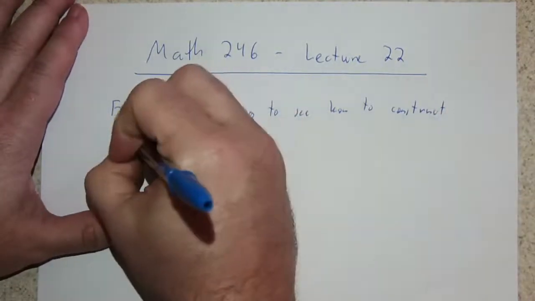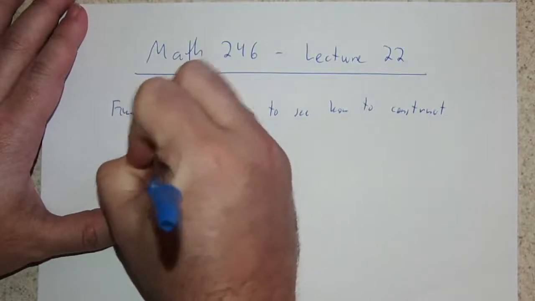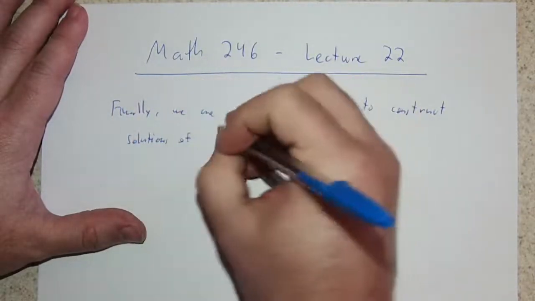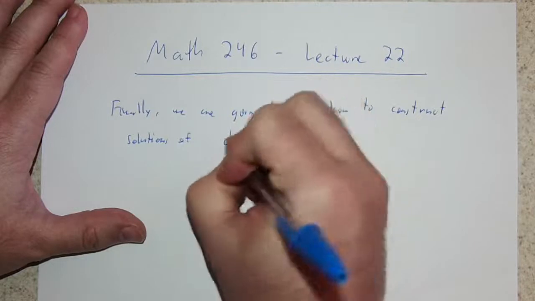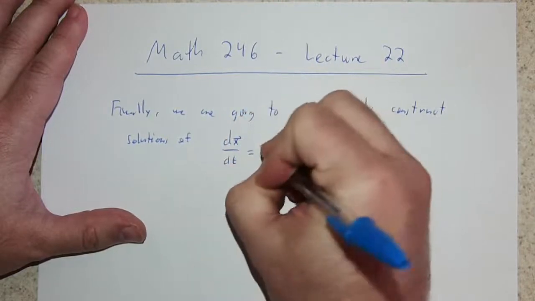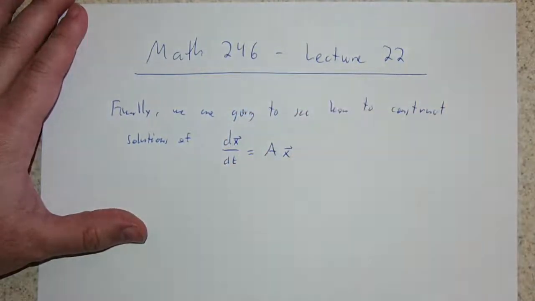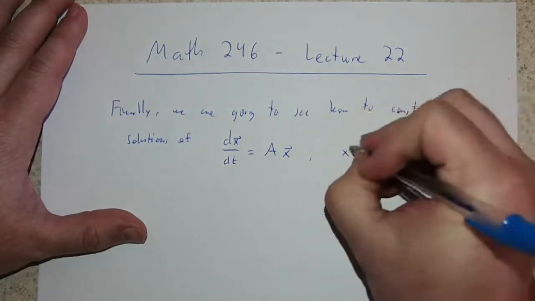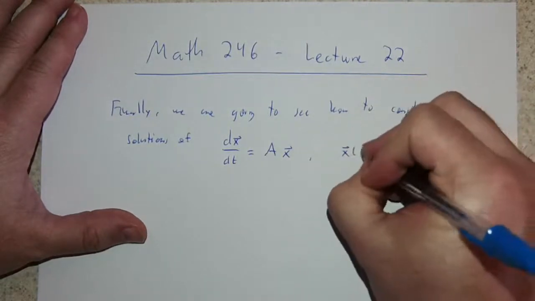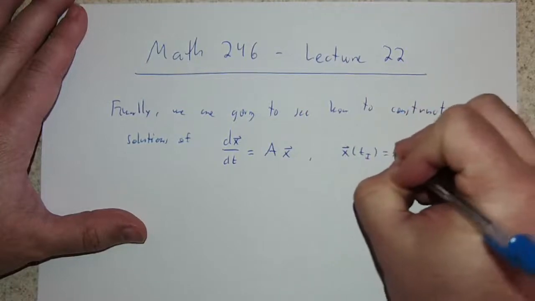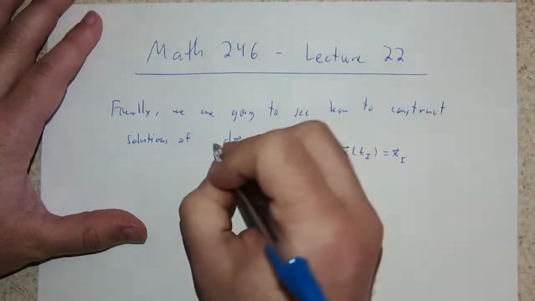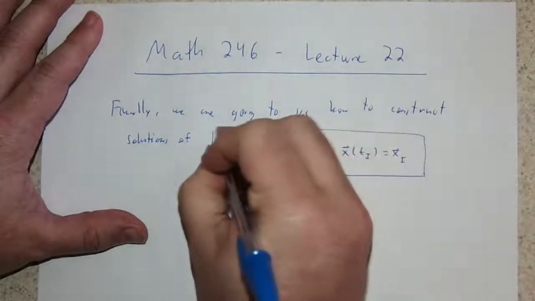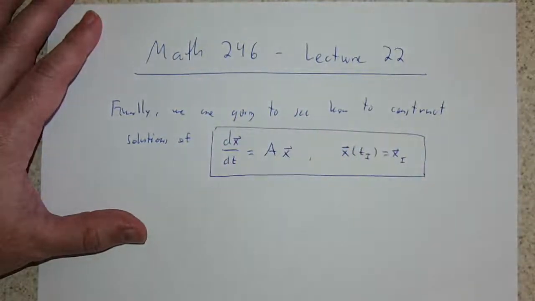How to construct solutions of the linear system dx/dt = Ax. And of course this includes some initial condition. And we're going to see this via eigenmethods.